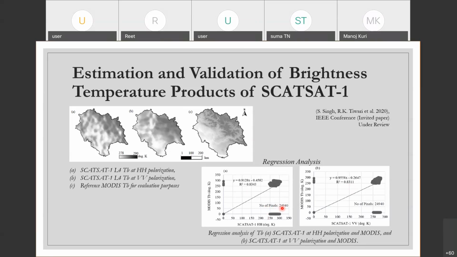Using a large sample, we were able to correlate these two temperature datasets and found that the accuracy is very high.